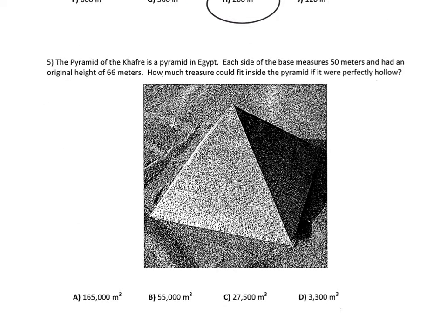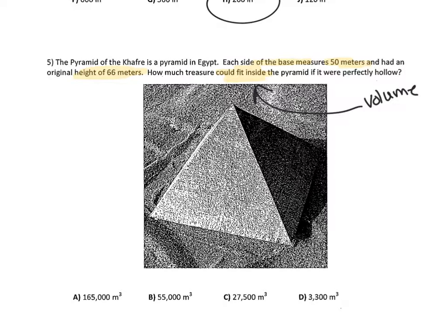Number 5, the pyramid of Khafre is a pyramid in Egypt. Each side of the base measures 50 meters and it had an original height of 66 meters. How much treasure could fit inside the pyramid if it were perfectly hollow? We're looking for volume, because we're just looking to see how much could possibly fit in there.